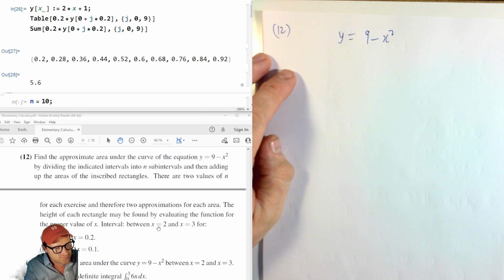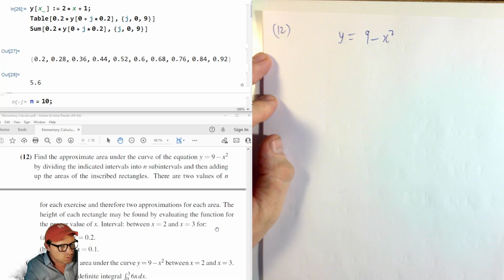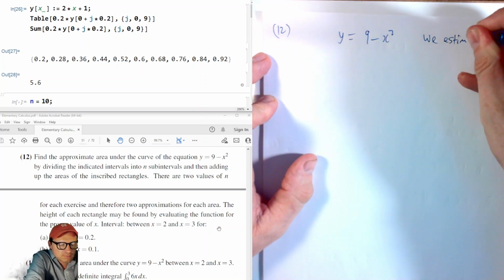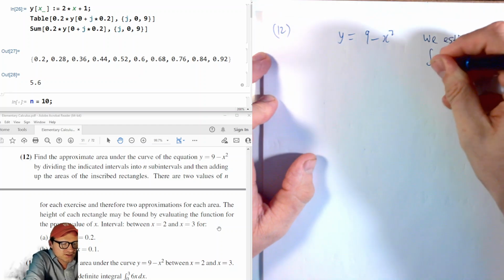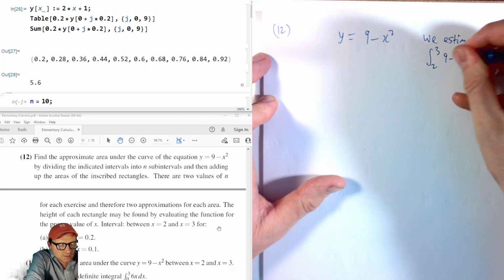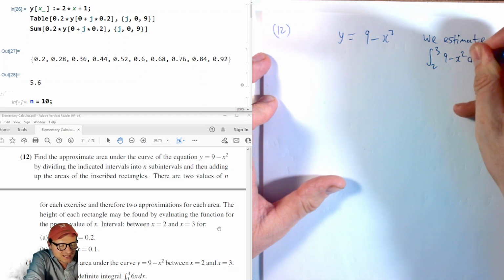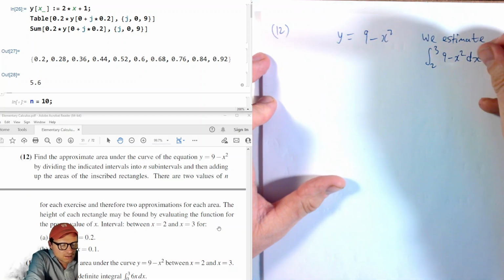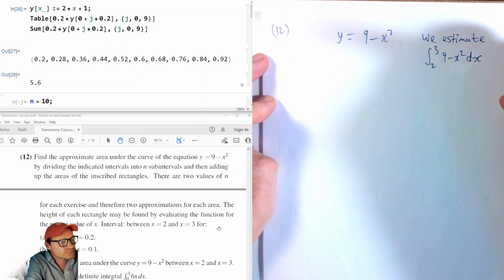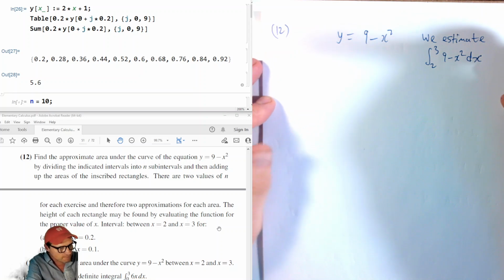Okay, and now this is for x equals 2 to x equals 3. So we're estimating the integral from 2 to 3 of 9 minus x squared with respect to x. And so we're doing so with the trapezoidal rule. Or not quite the trapezoidal rule, is it? Because we are inscribing rectangles.